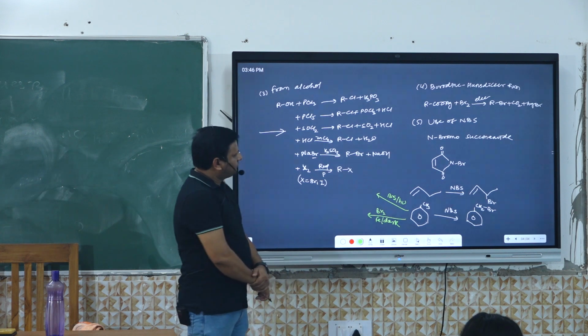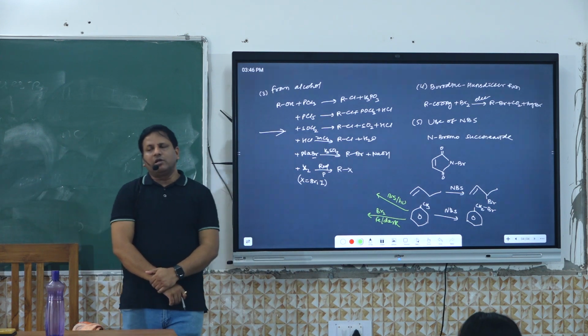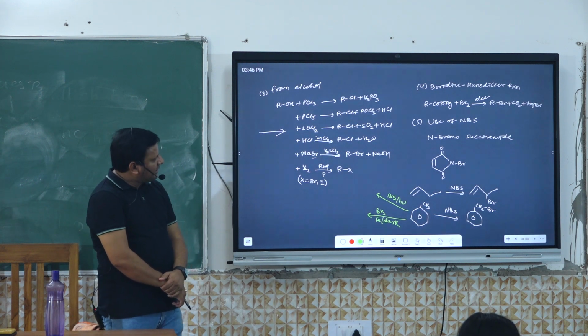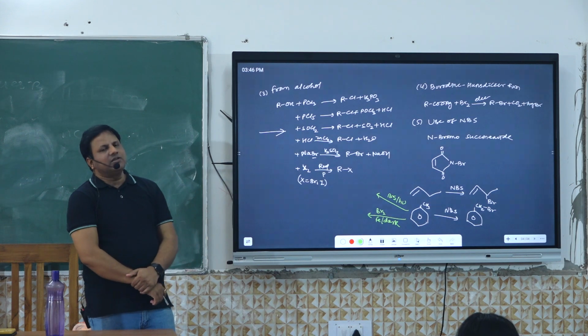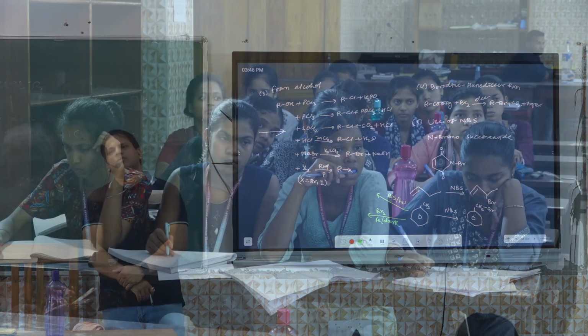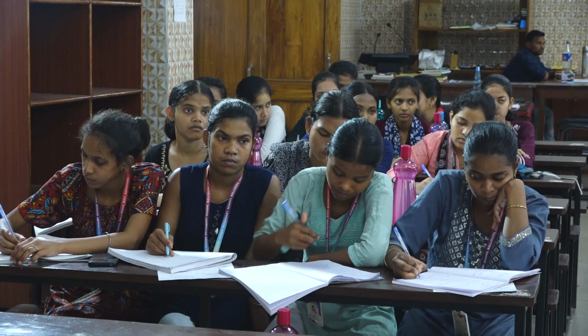Can you complete the reaction? The same reactant, that is toluene. When toluene is treated with bromine in the presence of sunlight, and with bromine in the presence of iron and in the absence of light, then what are the possible products? Quick.